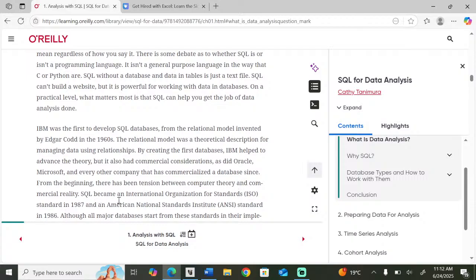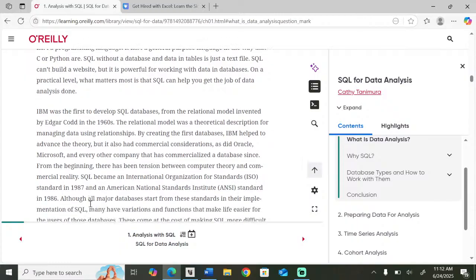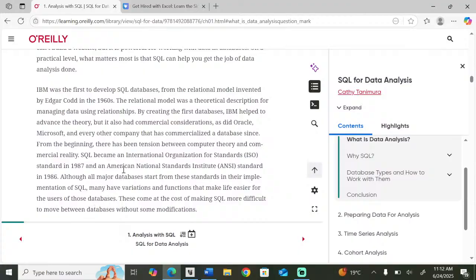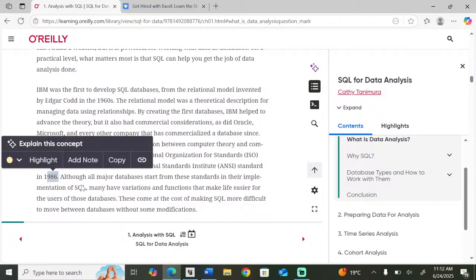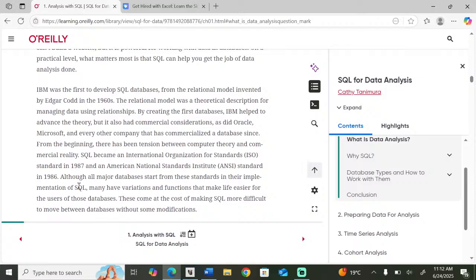SQL became an International Organization for Standardization (ISO) standard in 1987 and an American National Standards Institute (ANSI) standard in 1986. So it became a standard language in those years.